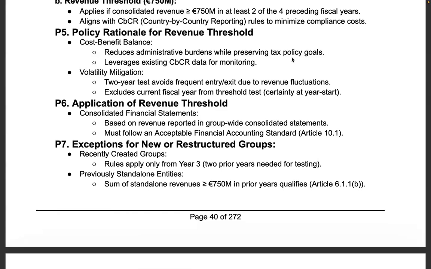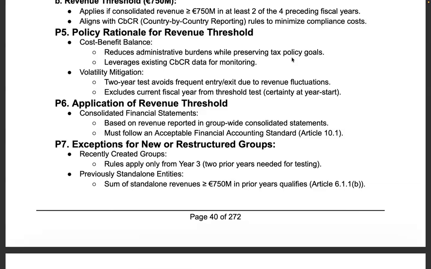Volatility mitigation. So a 2-year test avoids frequent entry and exits. The 2 years test would ordinarily provide a bit of consistency and stability to this model, because otherwise, a lot of groups or enterprises, it would become very uncertain. Some would meet and immediately next year they would not meet, and it would become very confusing and inconsistent as well.